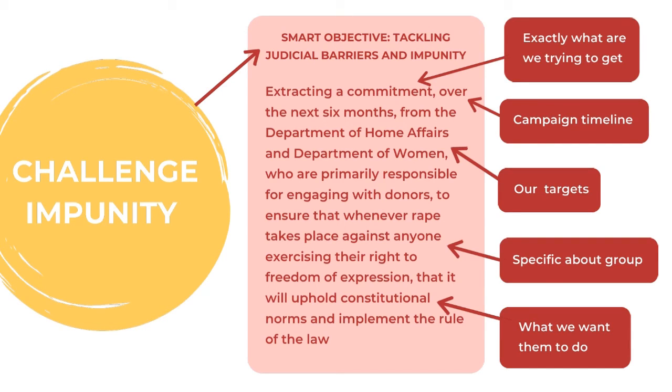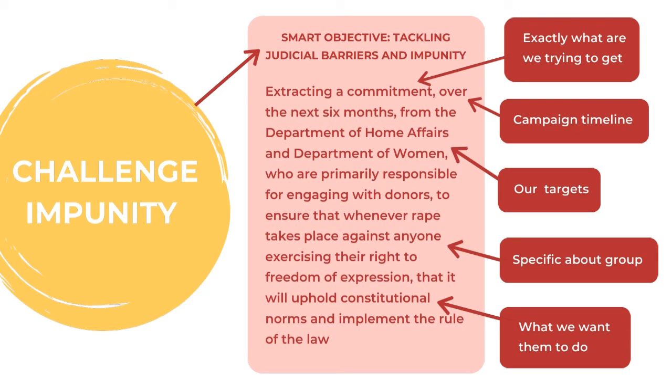Now, if we turn to the SMART objective and start to look at what one objective may look like in the context of our campaign, then we can look at the first one, which is about tackling judicial barriers that women may have been facing when pushing for investigations into the rape.